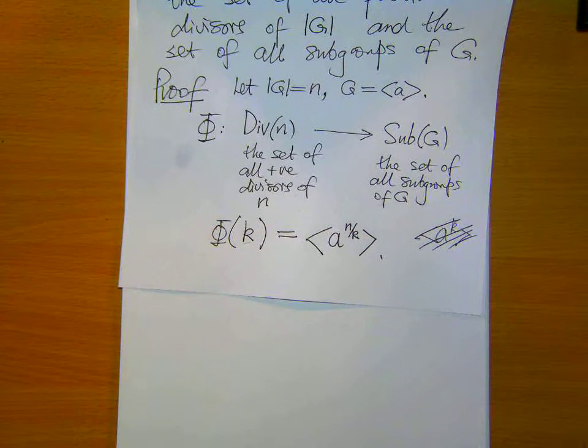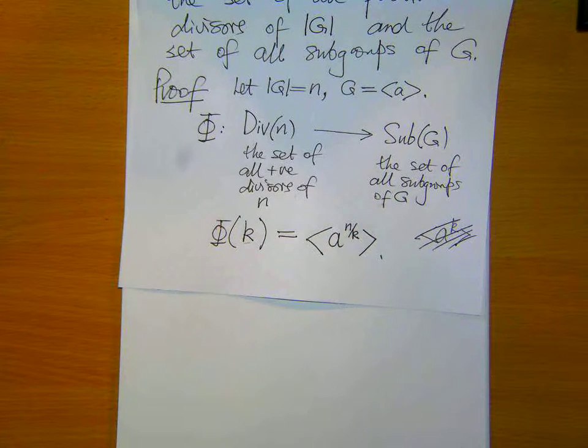And to each divisor, we're going to give a subgroup. So we take this k, which is some positive divisor of n. So n over k is also a divisor of n. I look at a to that power and just take the subgroup generated by that. So this is certainly a subgroup of G, so it does live in here.